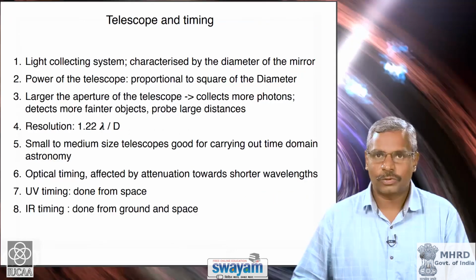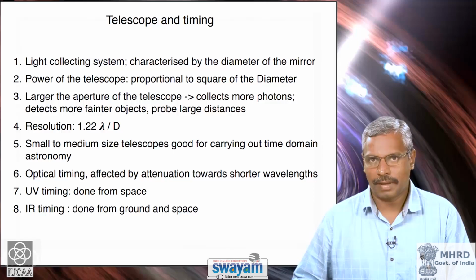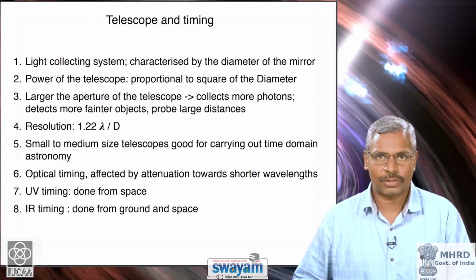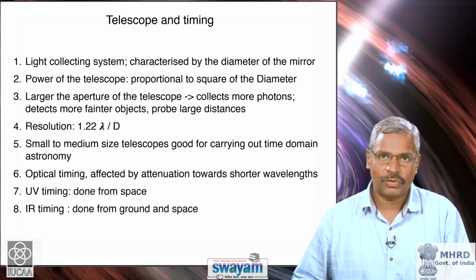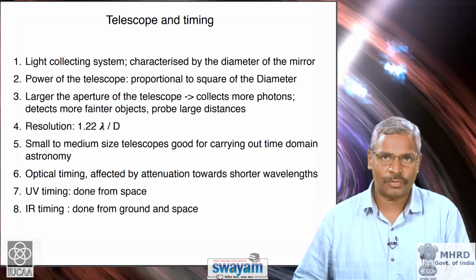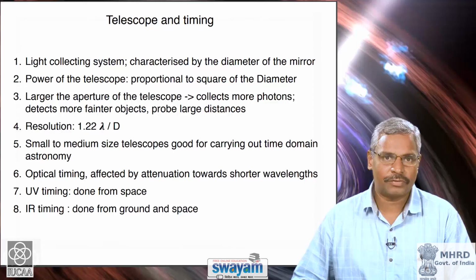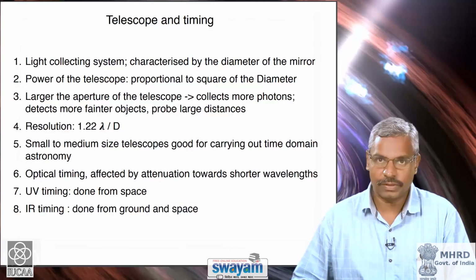Now, the telescope is basically a light collecting system, and this power of the telescope depends on the diameter of the mirror used in making the telescope, and is proportional to the square of the diameter. If you go for larger and larger aperture telescopes, it increases the capability of the telescope to collect more photons, and once the telescope collects more photons, it will be able to detect fainter objects, and detecting fainter objects leads to probing larger distances in the universe.